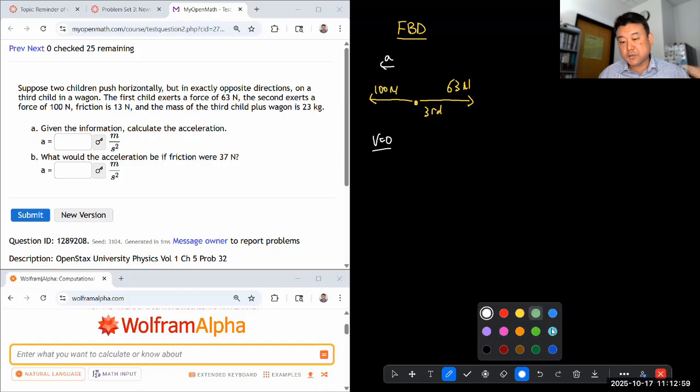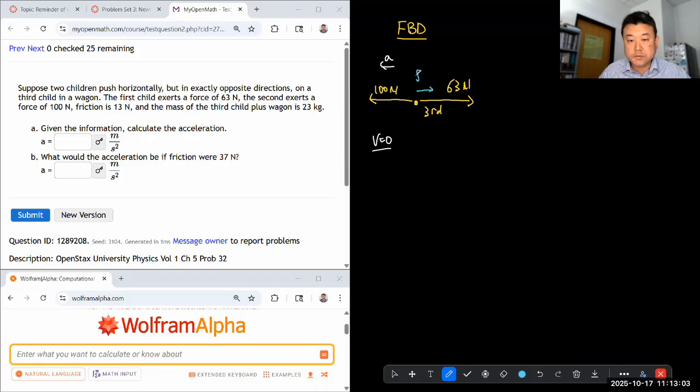So with those assumptions, I'm going to say friction is to the right. So friction of 13 Newton. And it says the mass of the third child plus wagon is 23 kilograms. So that's everything diagrammed in.